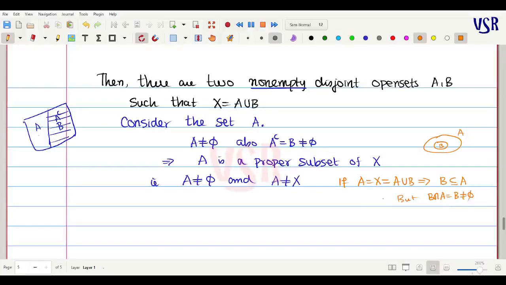That is a contradiction. So A must not be equal to X.